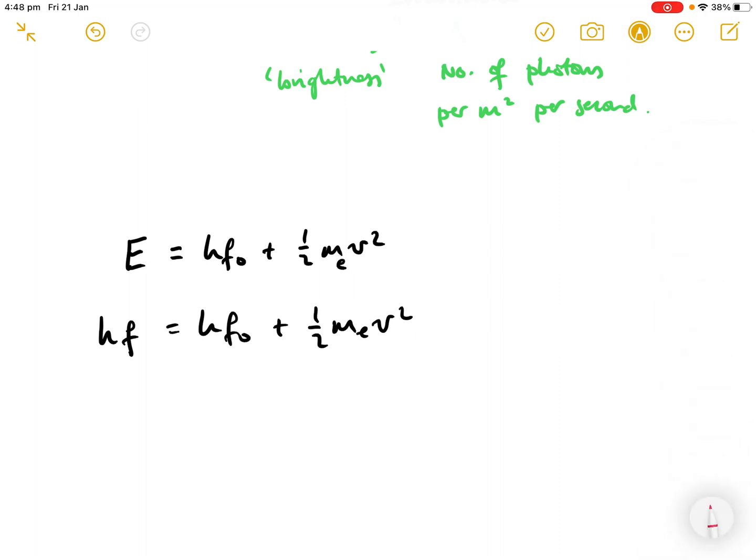If we increase the frequency of the incoming photons, then we're increasing the energy of the incoming photons. Now, Planck's constant is obviously a constant. The threshold frequency is a constant for a given metal. The mass of the electron is obviously constant.